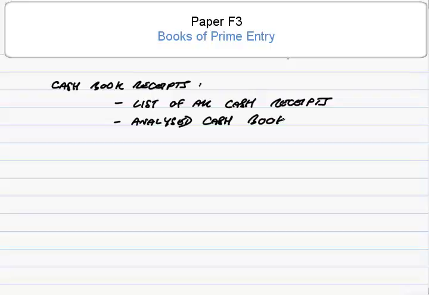And although it will simply be a list, it'll look something like this. Just writing the headings: description, amount, and then analysis. You might have columns such as sales, receivables, capital.